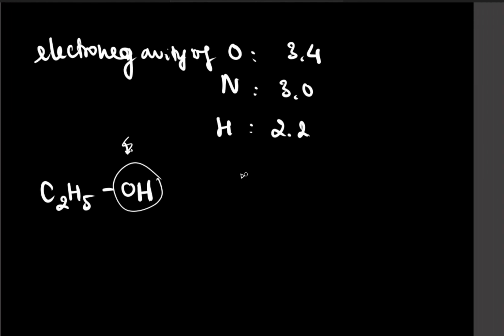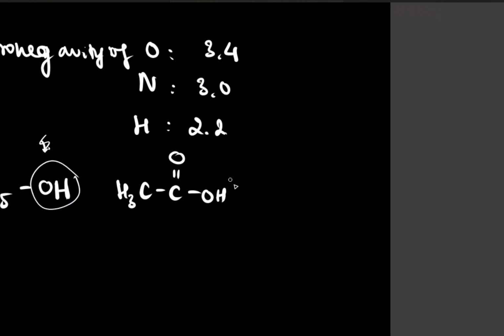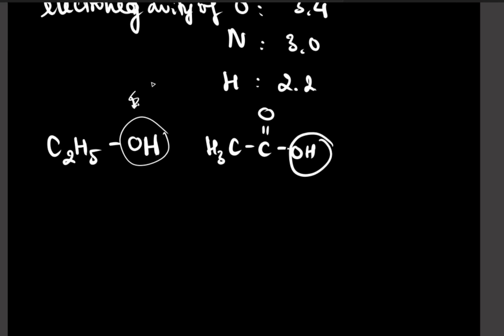And carboxylic acids, such as this one, also fall into this category as well, because you can see that here is an OH group, right? So we will have hydrogen bonding.